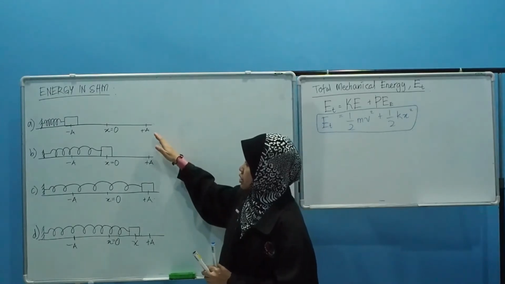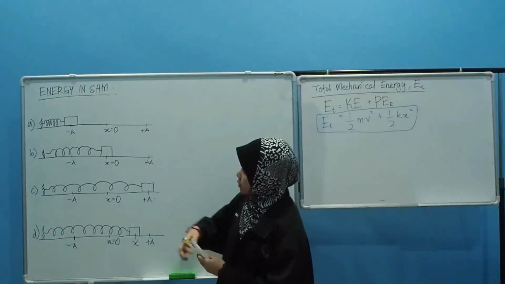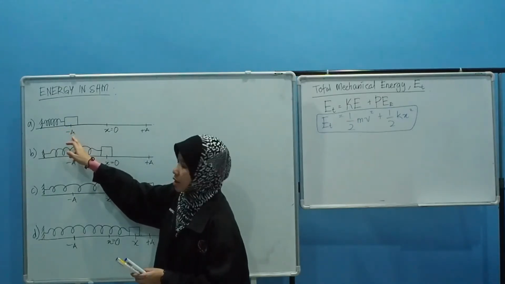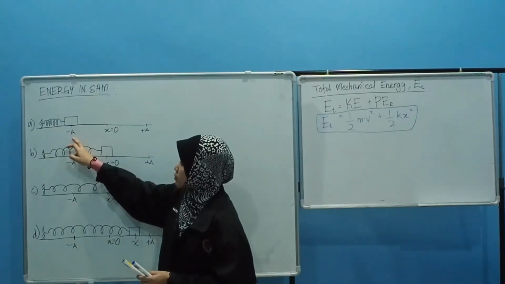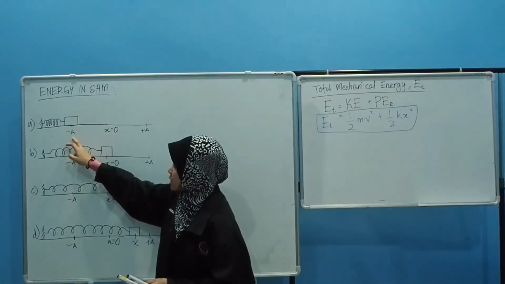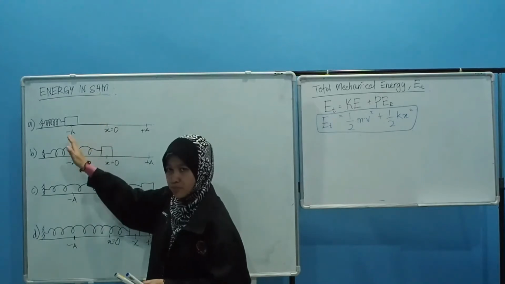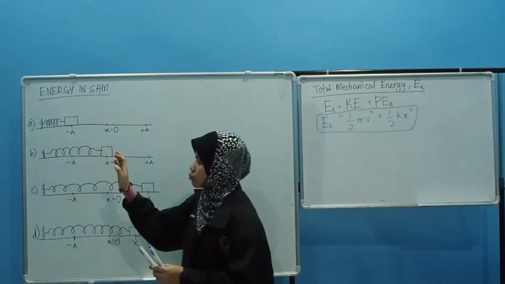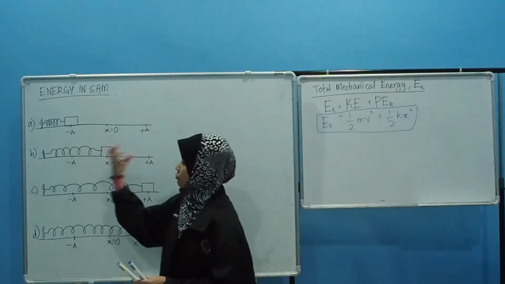Look at this spring and look at the position of this load. The position is at minus A, which is the extreme point. It will move back and forth.